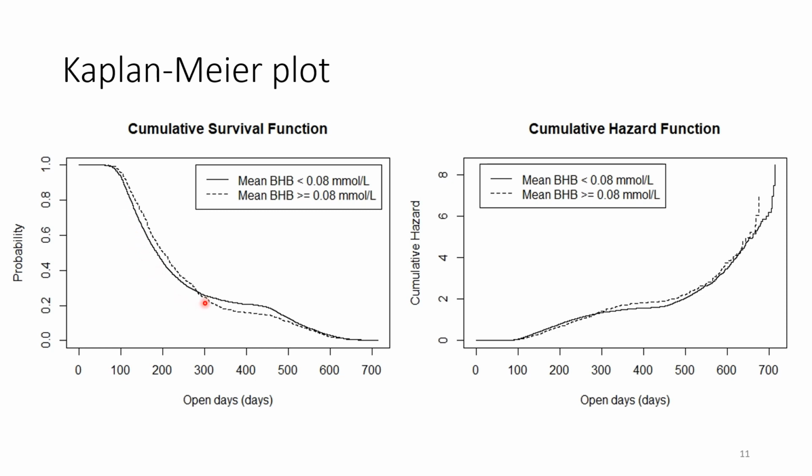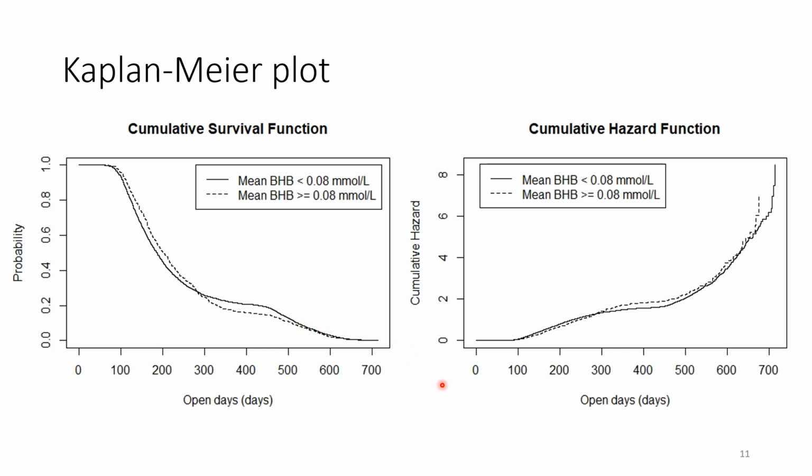However, after 300 days, the slope changes. After open day 300, the curve of the cows with lower mean BHB value is smoother than the curve of higher BHB cows.